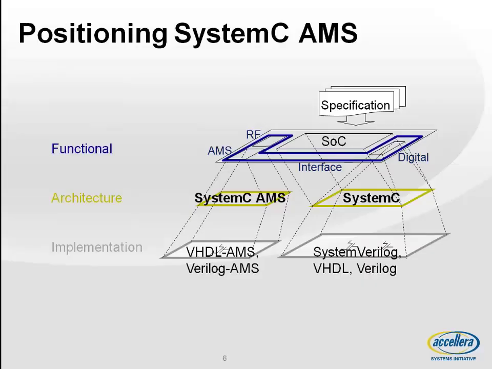So in terms of positioning, a bit of the conclusion. We clearly position ourselves at what we call the architectural level, where you want to model your system in an abstract way. You could already do that for digital systems, and now with the AMS extensions, we can incorporate abstract analog features inside such a system.